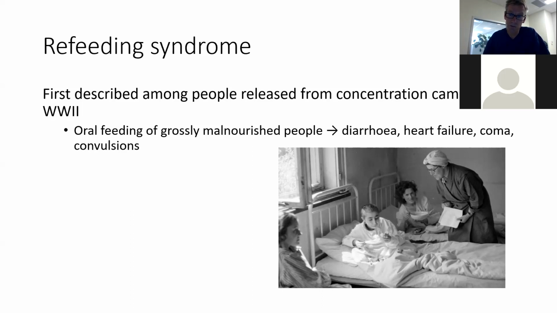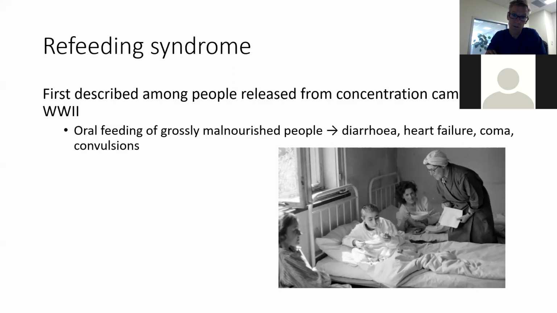Sometimes it can be because of an infection the child has that brought them into hospital that's not being treated adequately, but sometimes it can be because of this problem called refeeding syndrome. This syndrome was first described just after World War II, in 1945, in people who'd been living for years in concentration camps and were often very starved.